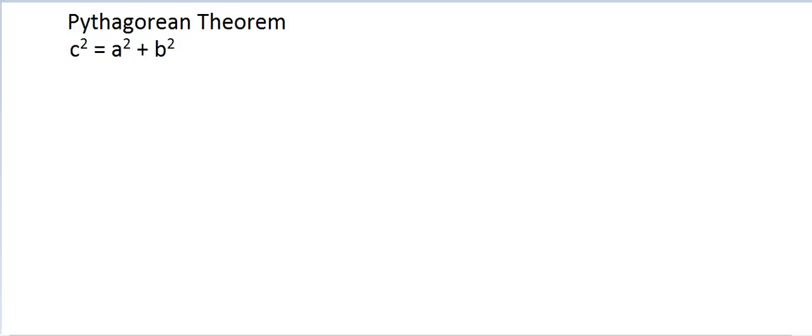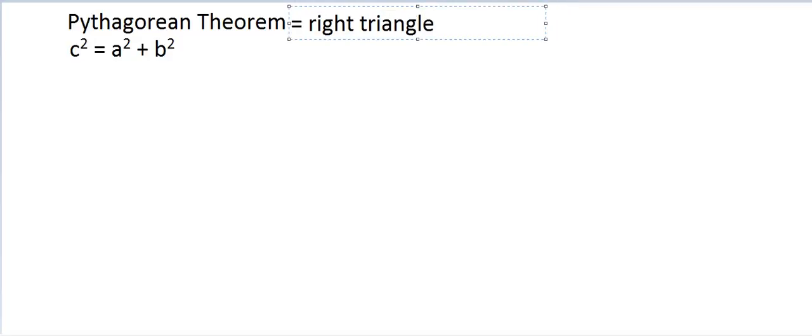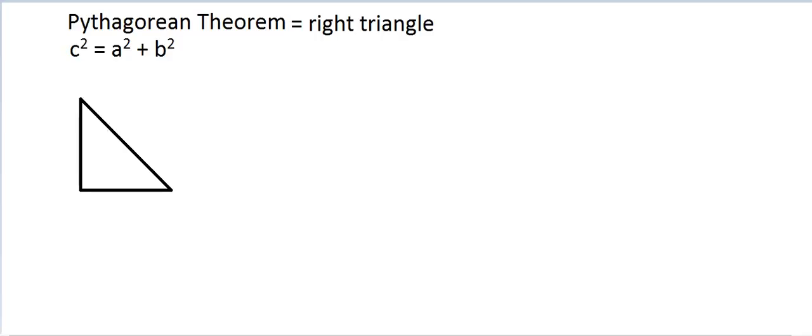Now, the Pythagorean theorem is only applicable if the triangle is a right triangle. This cannot be used if it's not a right triangle. Okay, so let's have now the triangle. Say for example, this one.